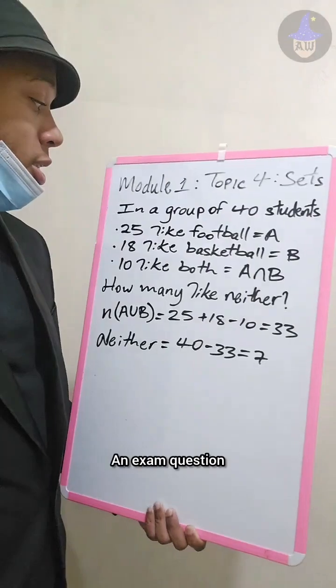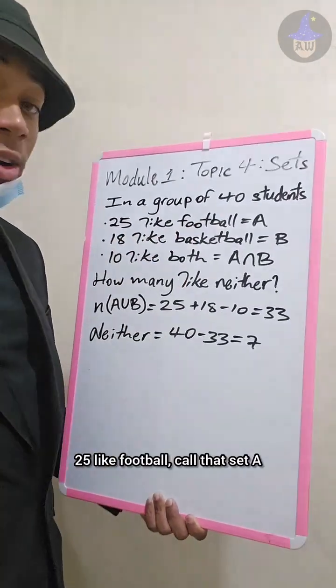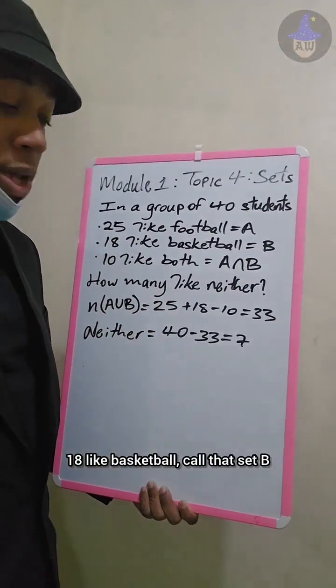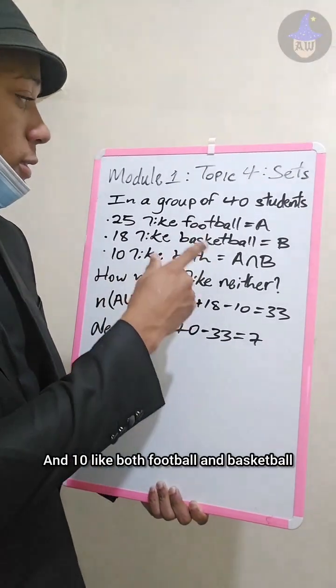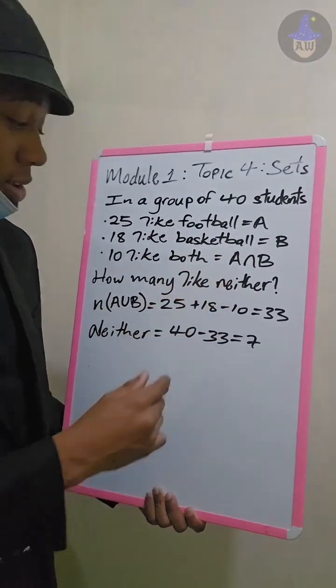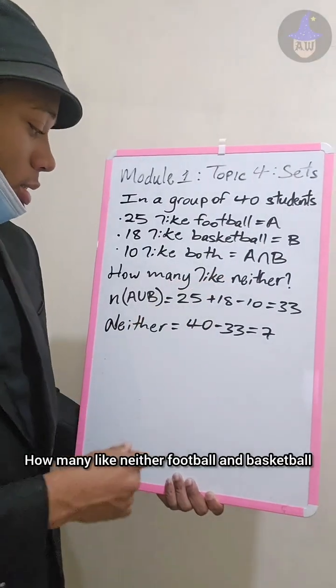An exam question. In a group of 40 students, 25 like football, call that set A, 18 like basketball, call that set B, and 10 like both football and basketball, A intersect B. How many like neither football nor basketball?